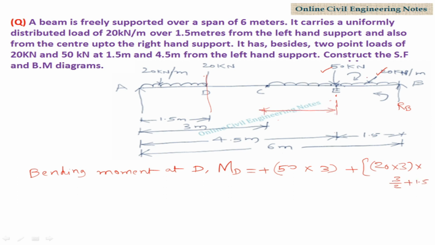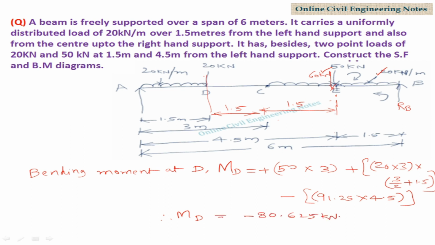After converting the UDL, 20 into 3, 60 kilonewton, perpendicular distance is 3 by 2 plus 1.5, minus RB into 4.5. Therefore bending moment at D, MD is equal to minus 80.625 kilonewton meter.